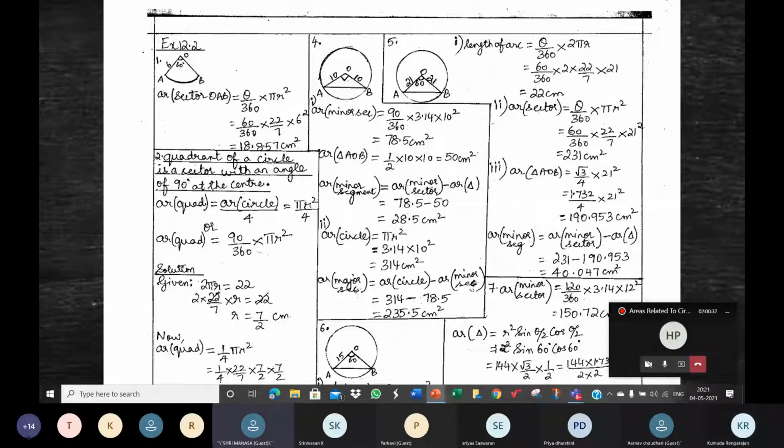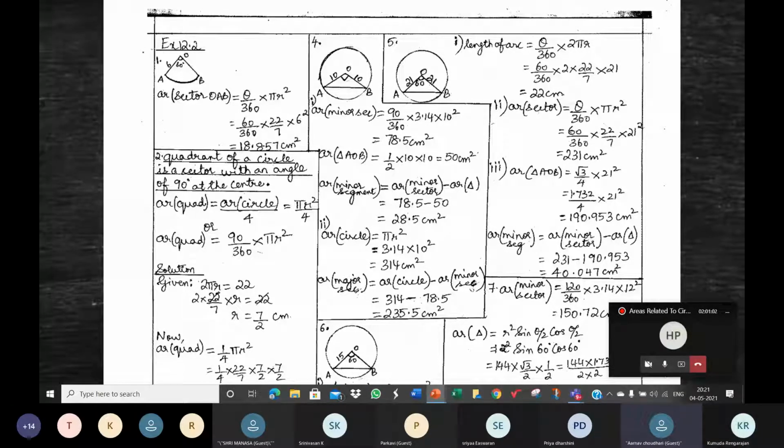Yes, ma'am. And then I added 42 plus 132. Oh, okay. So 132 is the length of the full circle, right? Is the full circle in the major sector? You draw the major sector separately and see.